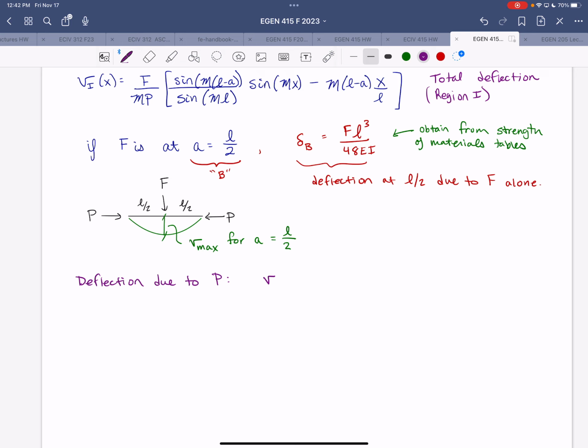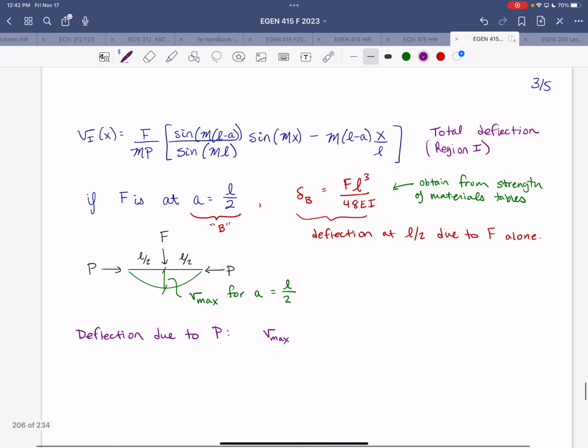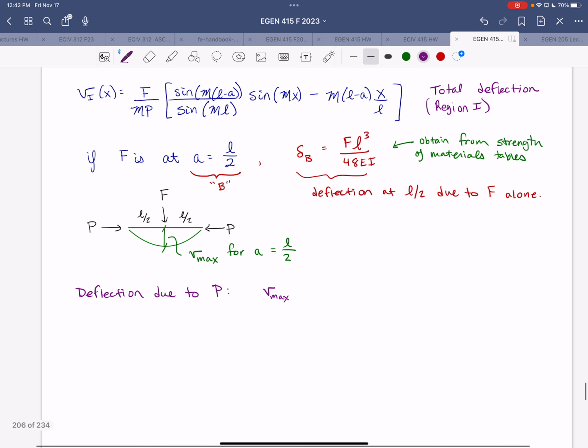we can simply calculate the maximum deflection from the equation above. That would give us the total deflection, and then subtract our delta B, that's only from the transverse load. And this will use P equal to lowercase m squared over EI.